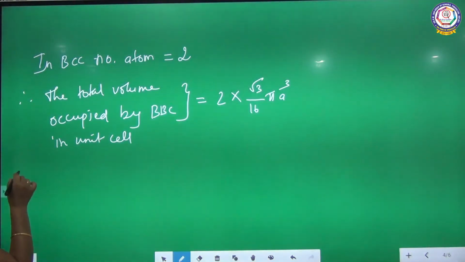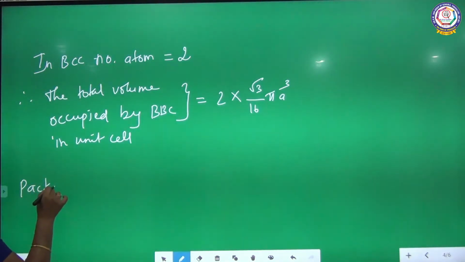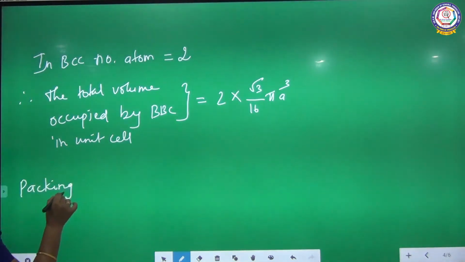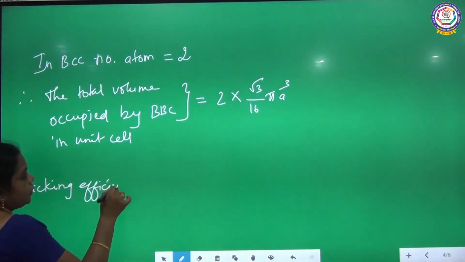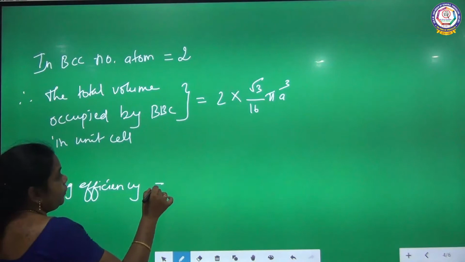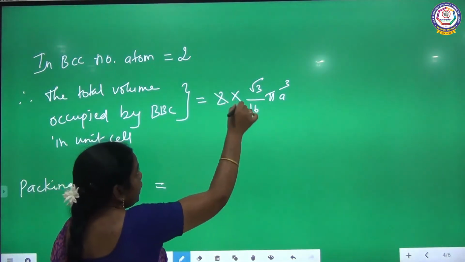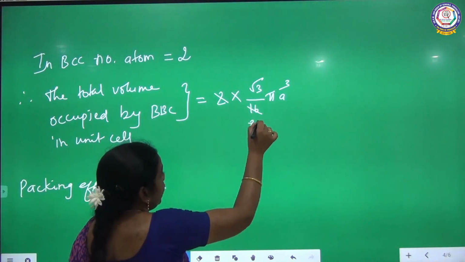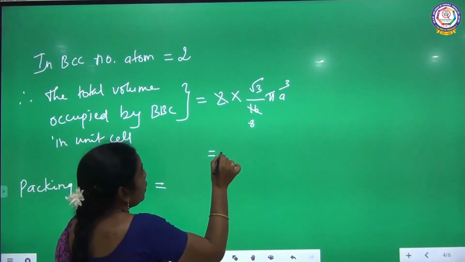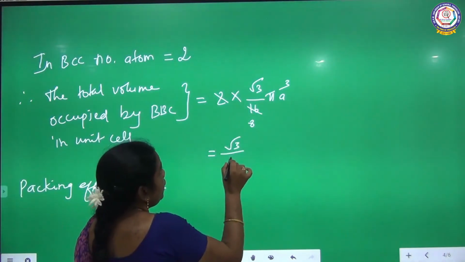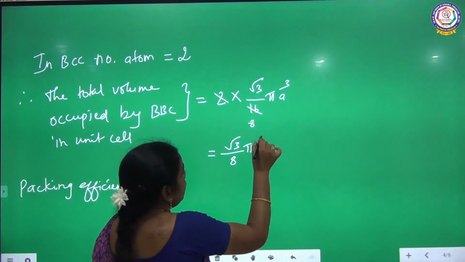Next, the packing efficiency is the total volume divided by the volume of the unit cell. So here you can strike out, this becomes 8, so you can write 1. Root 3 by 8 pi a cube.